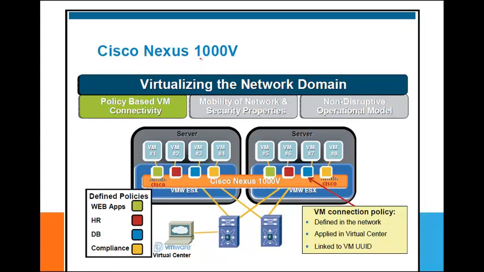Through Cisco 1000V, what we achieve is policy based VM connectivity, meaning you can have a separate policy for the web application, for the HR related server VM, a database VM3, and then the other compliance on VM4. Likewise, we can have many VMs on many physical servers.